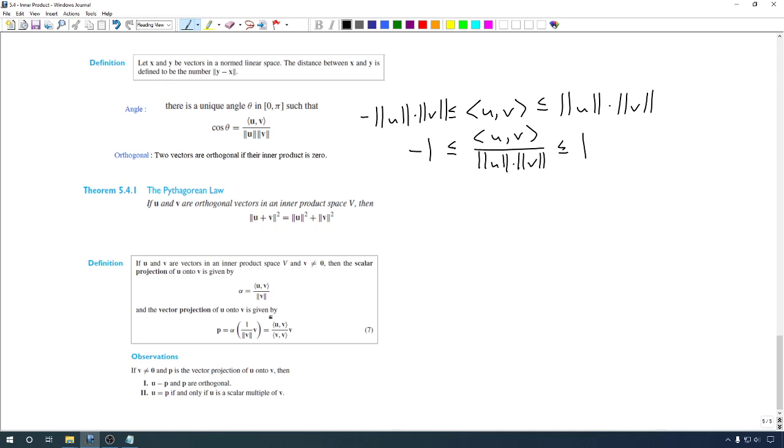Here, we're just going to say these are our definitions. The projection of u onto v is this scalar multiple of v, as long as v is not the 0 vector. But it turns out it'll fit what we mean by projection, that the projection will satisfy these two properties.